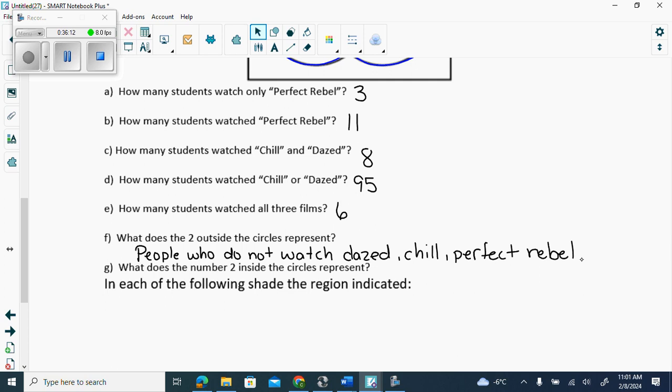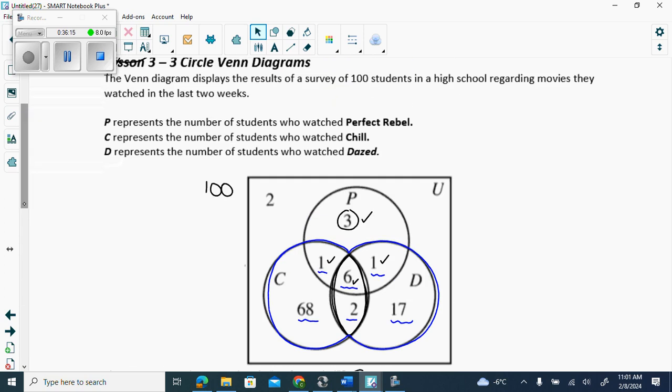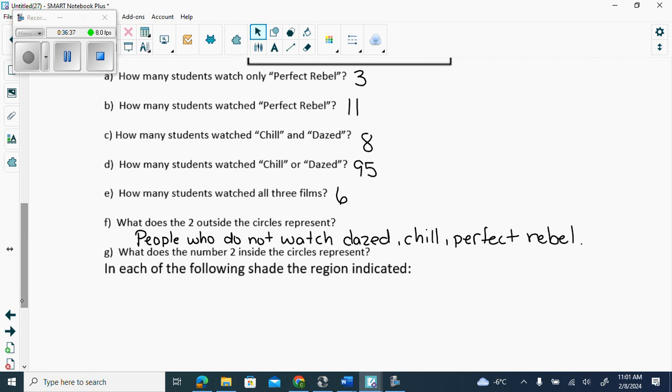Now, what does the number 2 represent in the circle? So this one. It's in the eyeball. It's in the eyeball, correct? So it is chilled and dazed, but is it the full eyeball? Maybe chilled and dazed only, or we could say chilled and dazed, but not Perfect Rebel. Yes, both are the same thing. We could say chilled and dazed only. So if you put that, that's good. So the people who watched, wow, I put an H in watched.